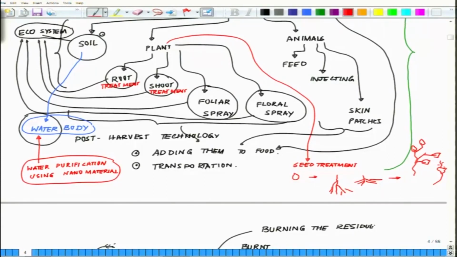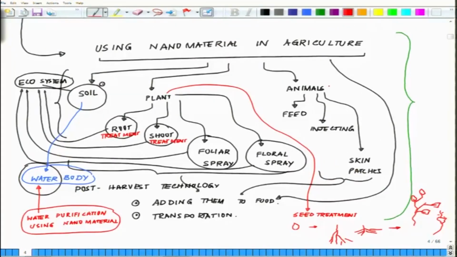Now, in the case of animals, nanomaterials are especially used for animal productivity, in terms of either milk production or meat production. They could be used as a feed additive. We will talk about one such example where there is hope with one of the nanoparticles.